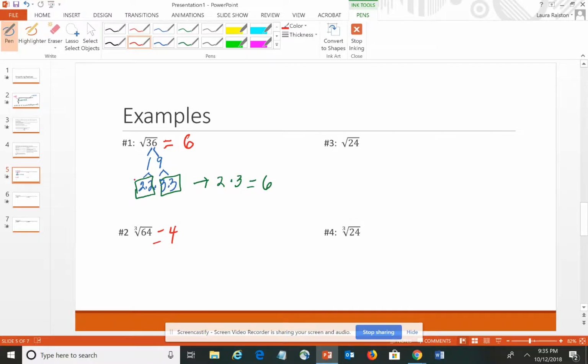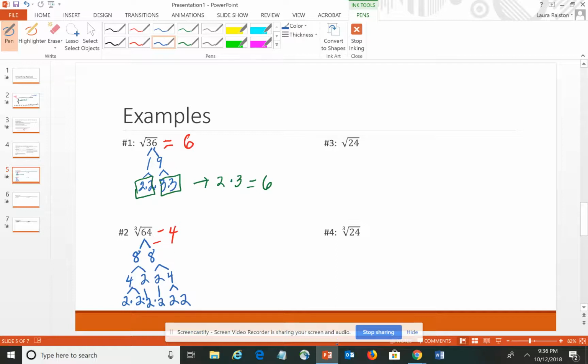But again, if you don't recognize it as being a perfect cube, you can begin by breaking it down into the factors. You could have 8 times 8, and then 8 would be 4 times 2, whichever way you want to look at it. 4 would be 2 and 2. So ultimately, I have 2 times 2 times 2 times 2 times 2 times 2.